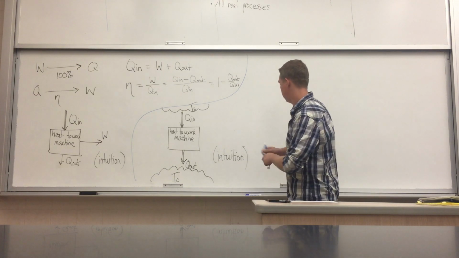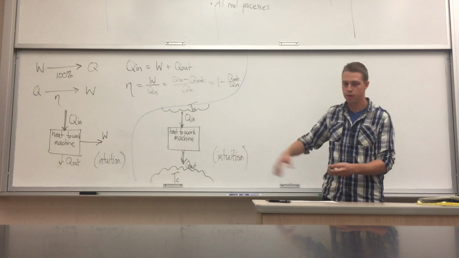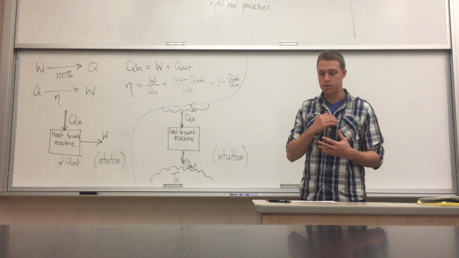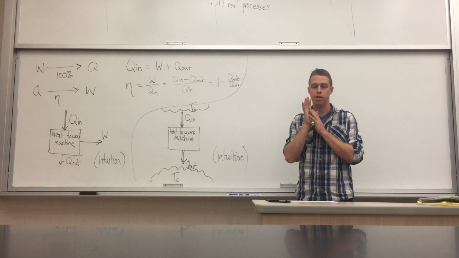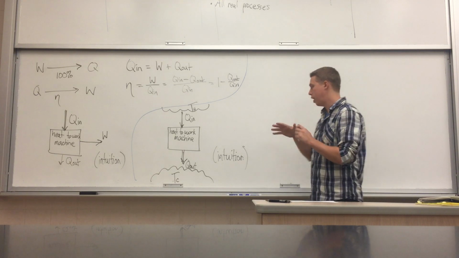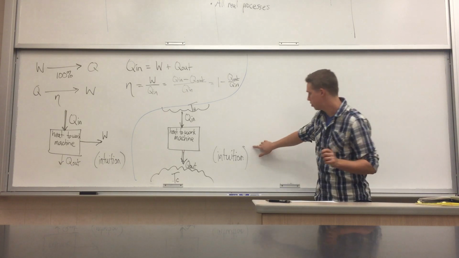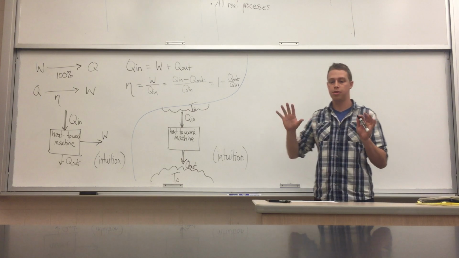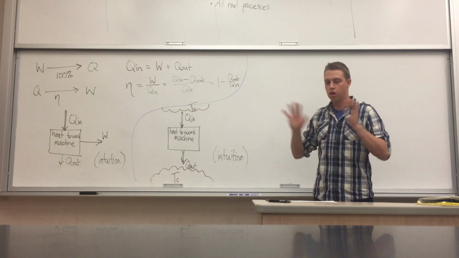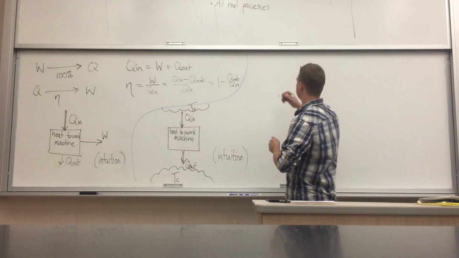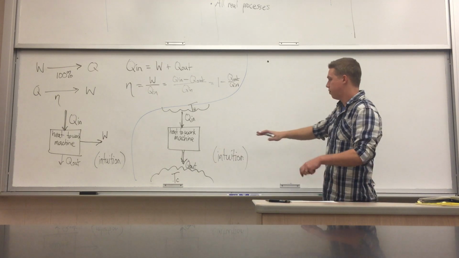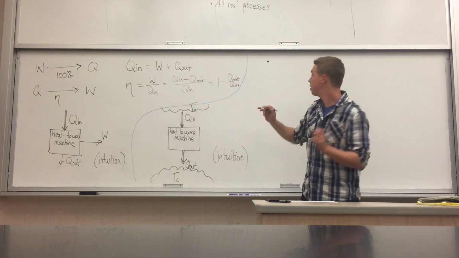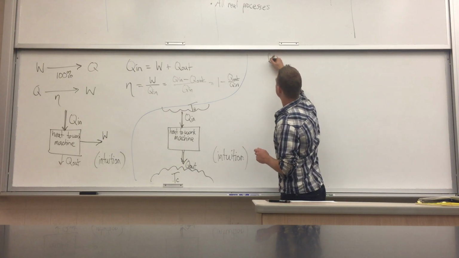Okay, so now, we're going to bring entropy into this for a second. I want to review some of the things that we've talked about that are all equivalent. So I want to make a list up here. In our process, we think this is for a cycle device.